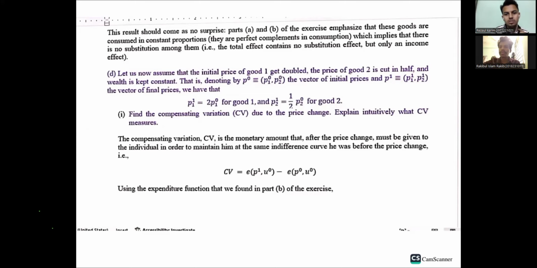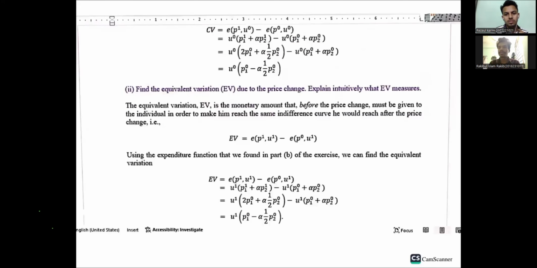Using the expenditure function we found in part B, solving e(p1, u0) minus e(p0, u0), we finally find the solution of CV, u0 times (p1 0 minus alpha half p2 0).